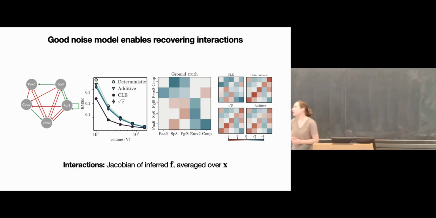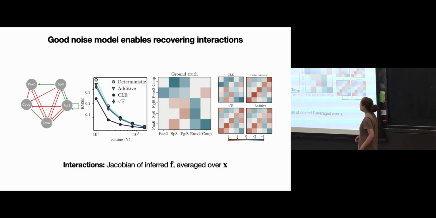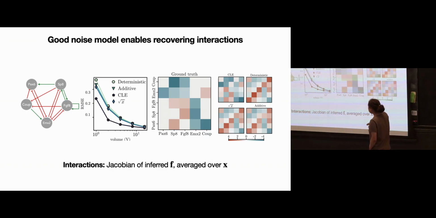But the point that they make is that, interestingly, they actually get the interactions between the transcription factors somewhat wrong. In this case, the way they measure an interaction is that they compute the Jacobian of the inferred F, and then average it over the phase space.